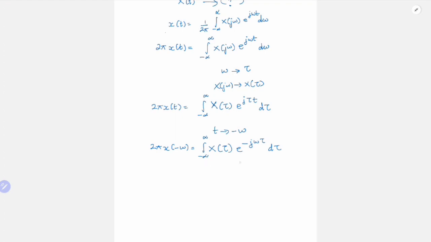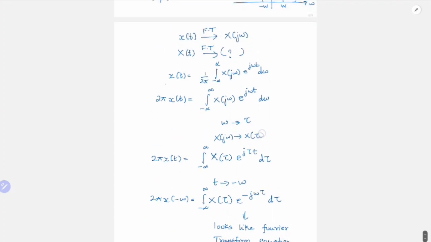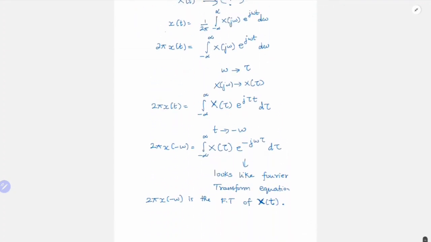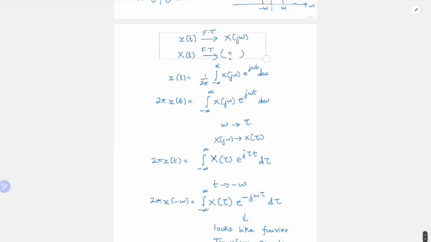So now this right hand side looks like the Fourier transform equation. So we can say 2π x of minus omega is the Fourier transform of X of τ or X of t, this is capital X. So that is what we wanted here. I'll just copy this.